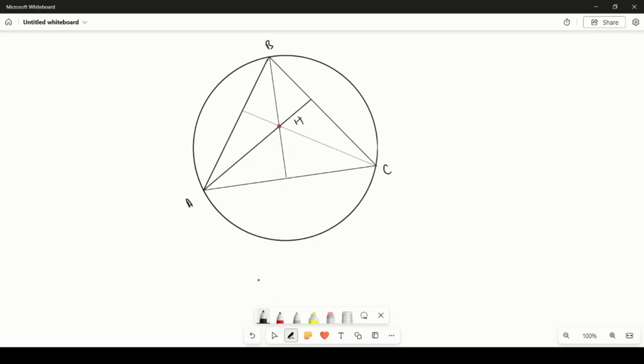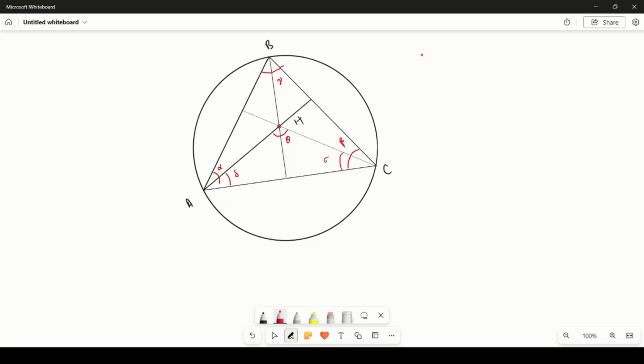Okay, so I'll call this one alpha, and maybe it's better to use red so you can see. So we'll call this one alpha, then we'll call this one delta, then we'll call this one beta, and we'll call this one sigma, and the top one can be called gamma, and this one you can call theta.